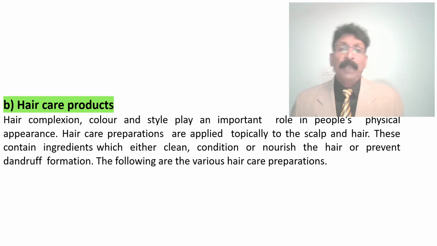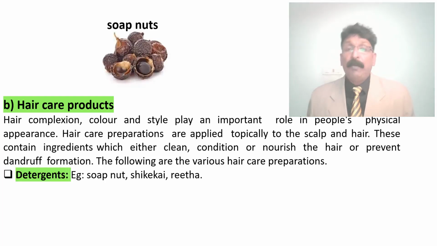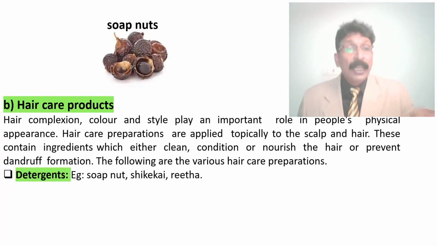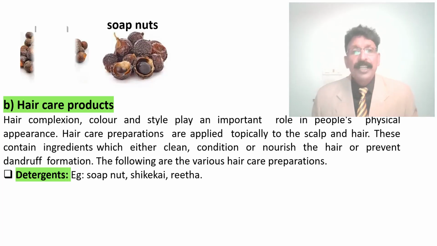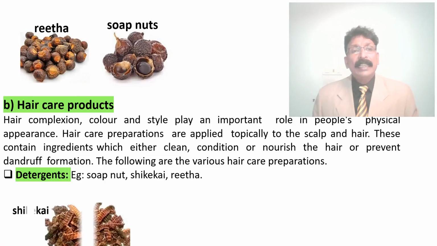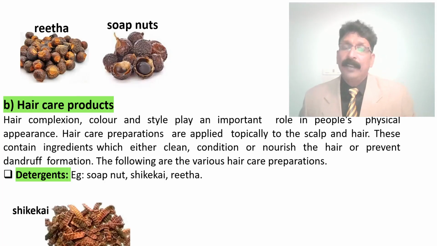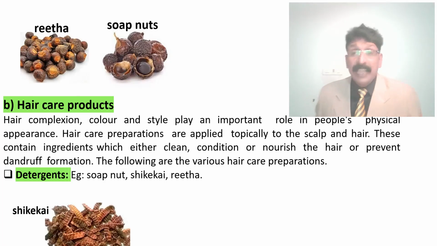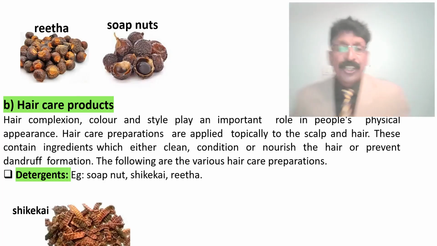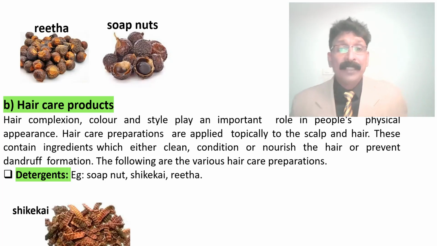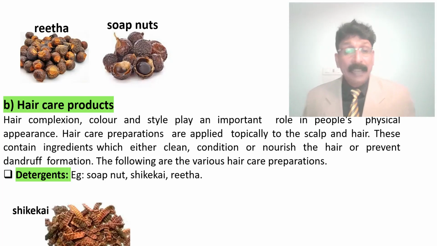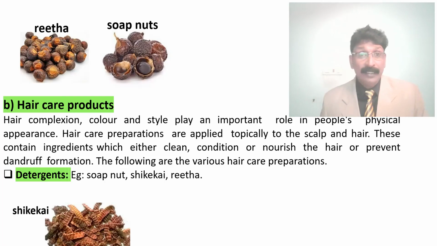The following are the various hair care preparations. Number one, detergents: soap nuts, shikakai, reetha. Shikakai is an acacia plant, and very good frothing will come. They are the examples for shikakai and reetha.